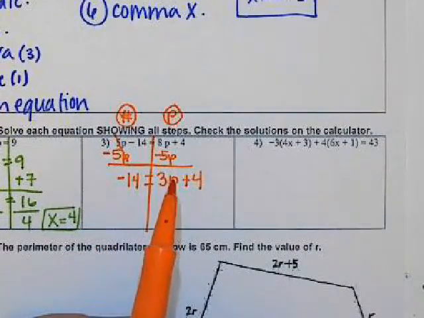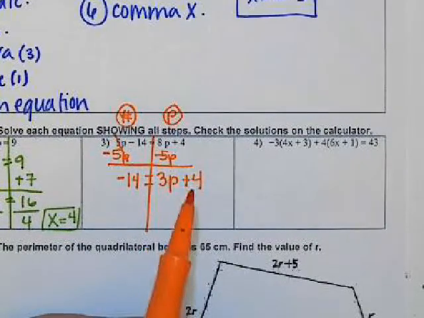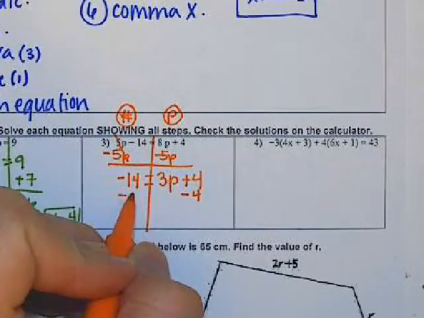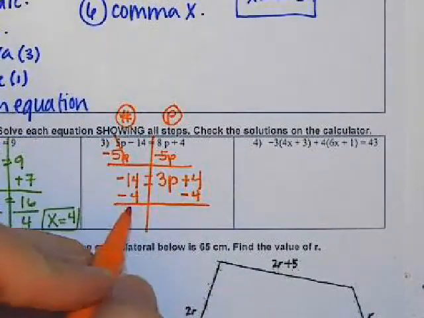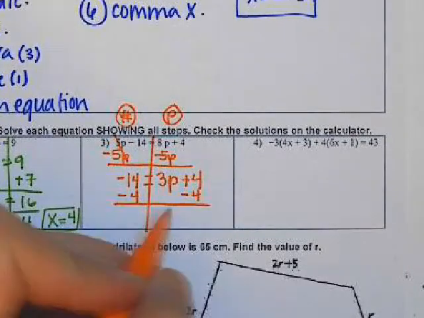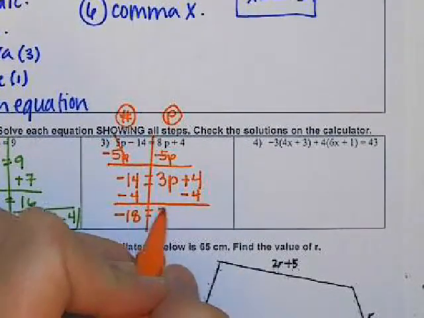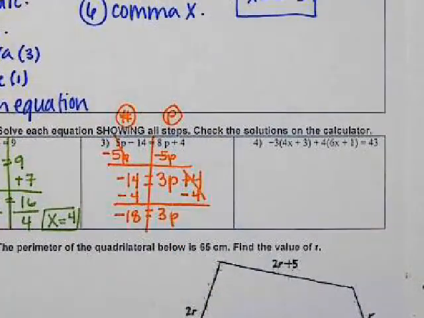So find my p. What's it being added or subtracted? Adding 4. So what do we need to do? Subtract. Negative 14 minus 4 is negative 18 equals 3p. And my 4's cancel.